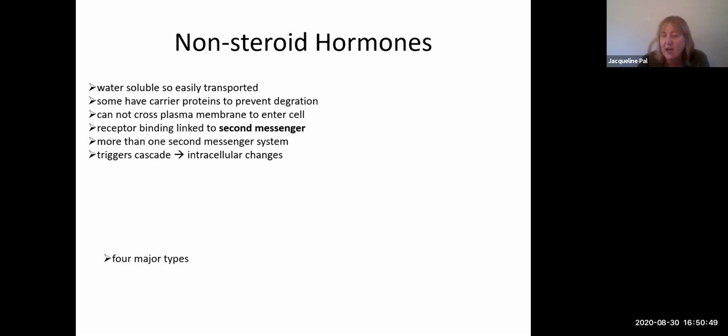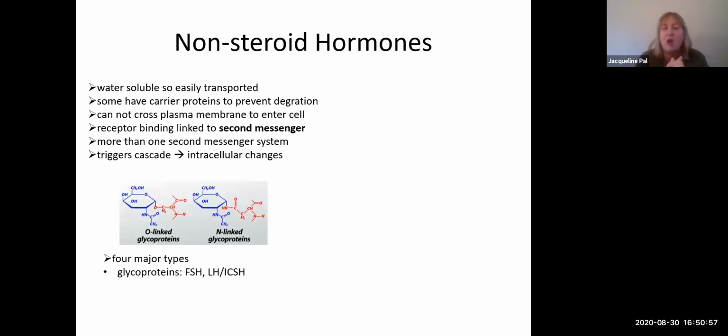Looking at the types of non-steroid hormones, I know we were using the word protein loosely before, but basically there are four different categories. The first are called glycoproteins, which means you have a carbohydrate attached to a protein. These are found in our male and female reproductive systems.